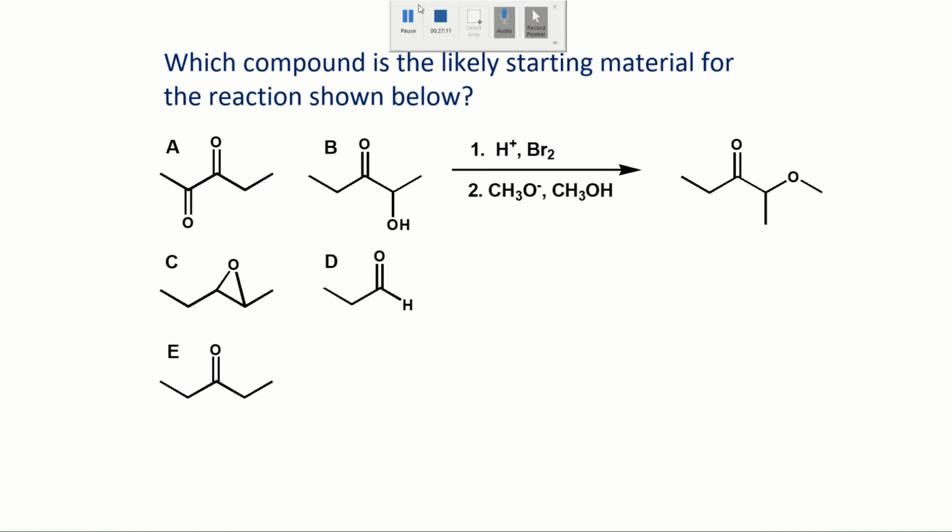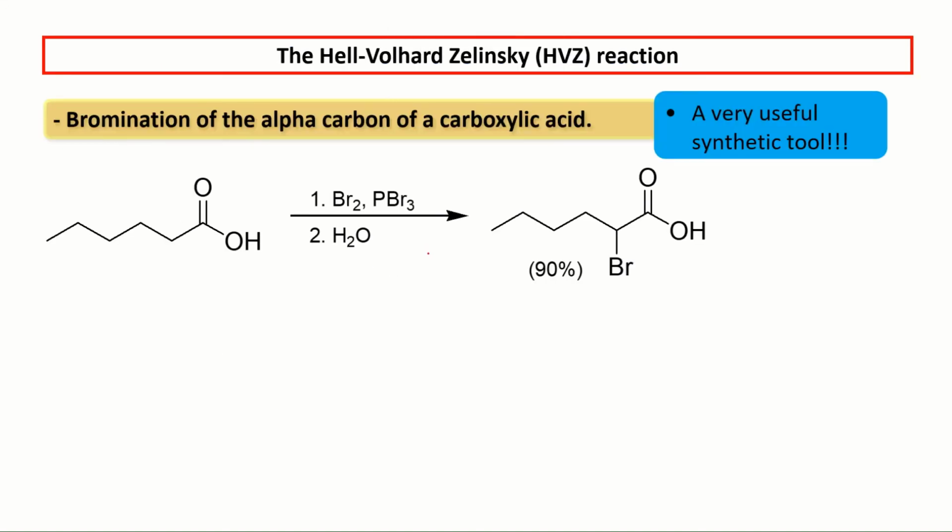An interesting reaction that we need to consider is that of the alpha halogenation of carboxylic acids. It's very useful synthetically, and we use a strange set of reagents. We use bromine with phosphorus tribromide. Why do I find this interesting?